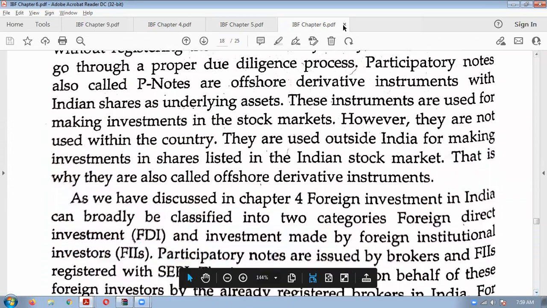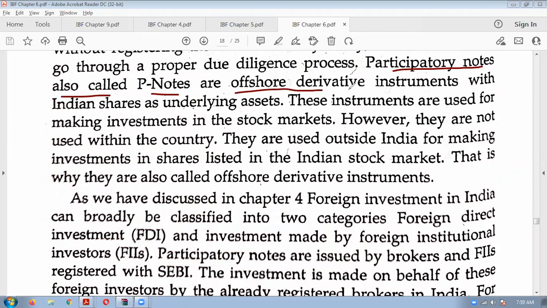Now see, very important, participatory notes, also called P notes, are offshore derivative instruments with Indian shares as underlying assets. Now this P note derives its value from Indian shares. Very important.